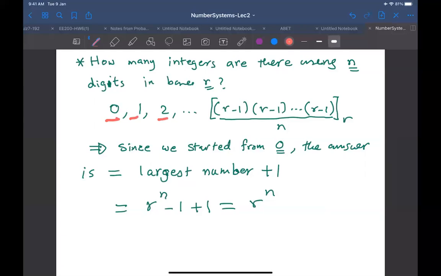Since we started from 0, the answer is going to be the largest number plus 1, right? So the largest number, as we saw, is R to the n minus 1 using the first property that we learned. And if you add 1 to that, the answer is going to be R to the n. So the number of integers you can represent using n digits in base R is R to the n, basically.